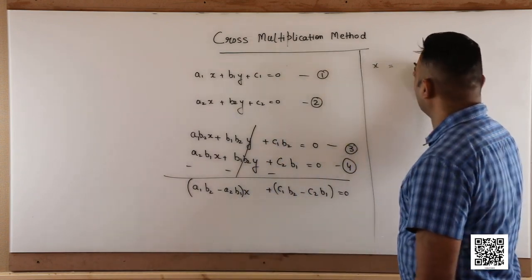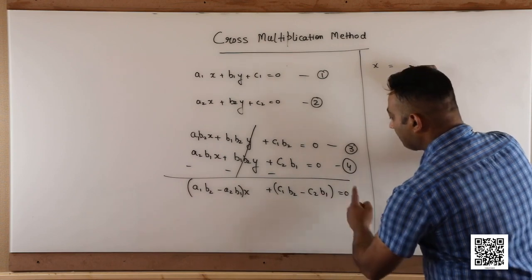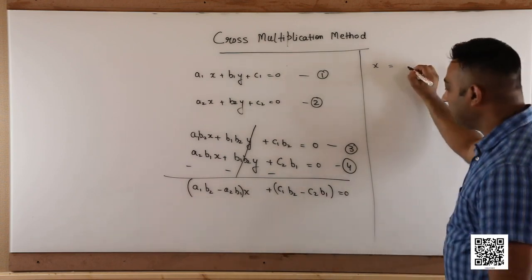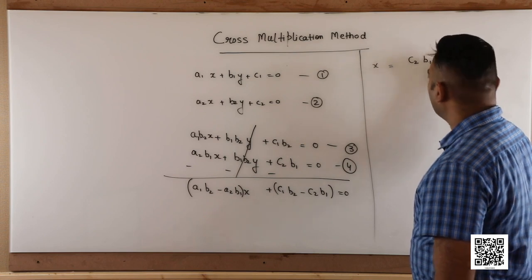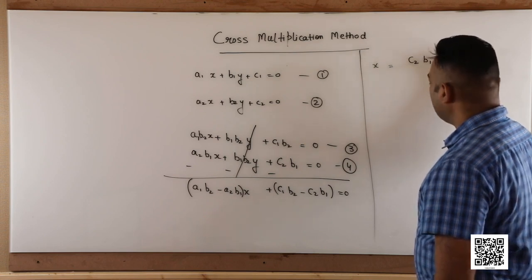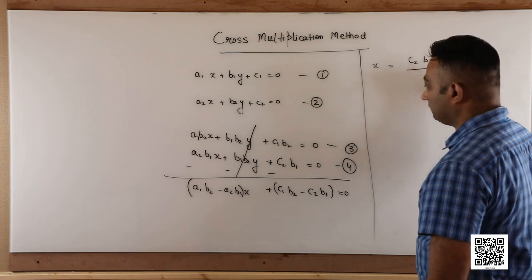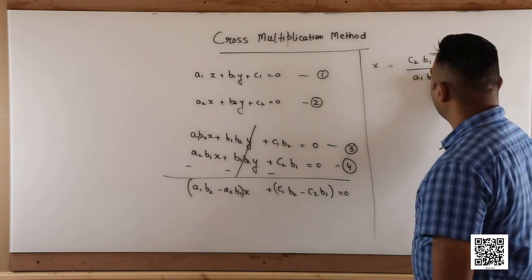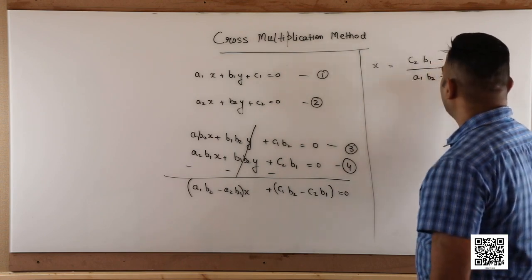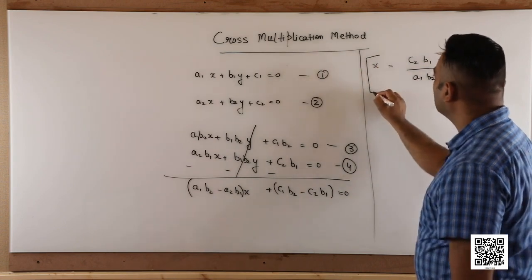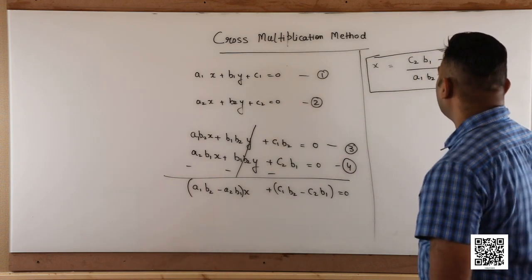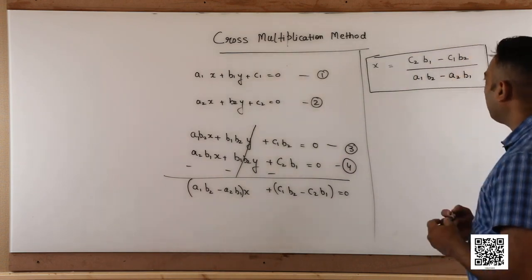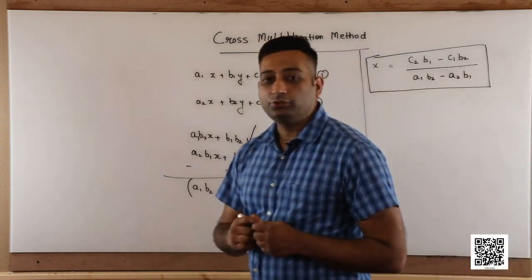x is equal to minus; when we transpose this to the right hand side, we take minus common and the terms will look like this: c2 b1 minus c1 b2 upon a1 b2 minus a2 b1. So we got x as c2 b1 minus c1 b2 upon a1 b2 minus a2 b1.